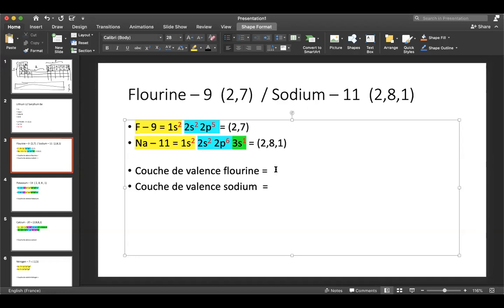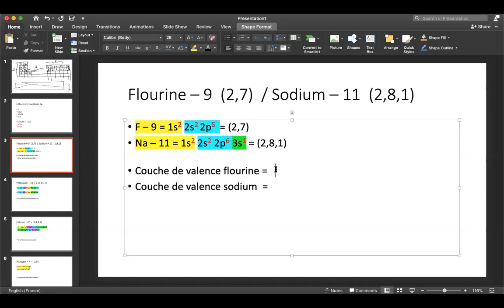But for today, the couche de valence is the one we are going to consider when the atom is in its neutral state. If it's going to gain electrons, we call it an ion of negative charge. If it's going to be a metal that loses electrons in that energy level, we call it an ion of positive charge.